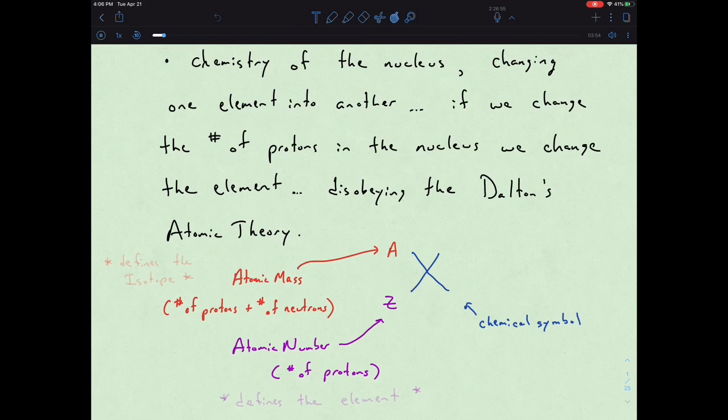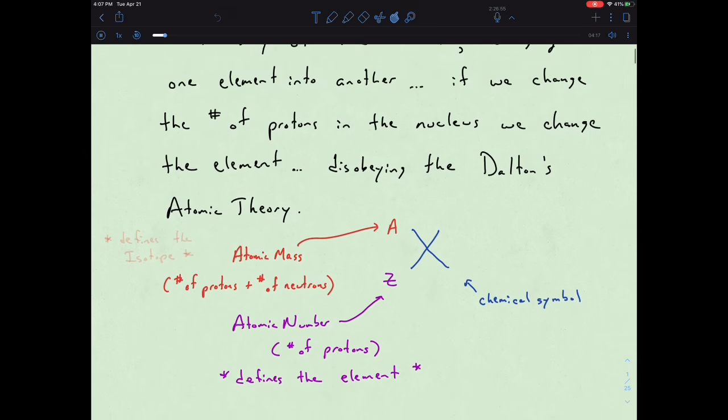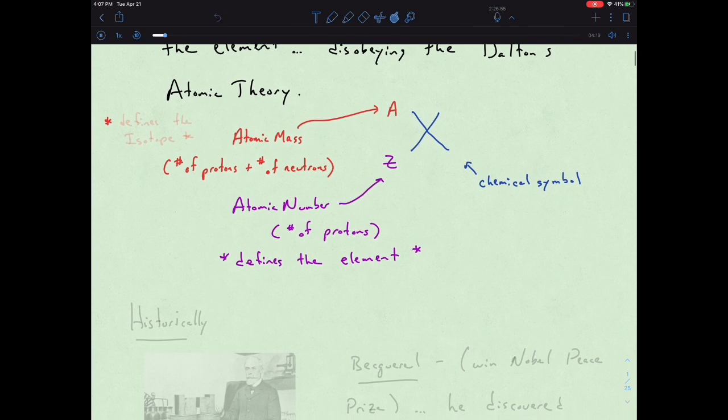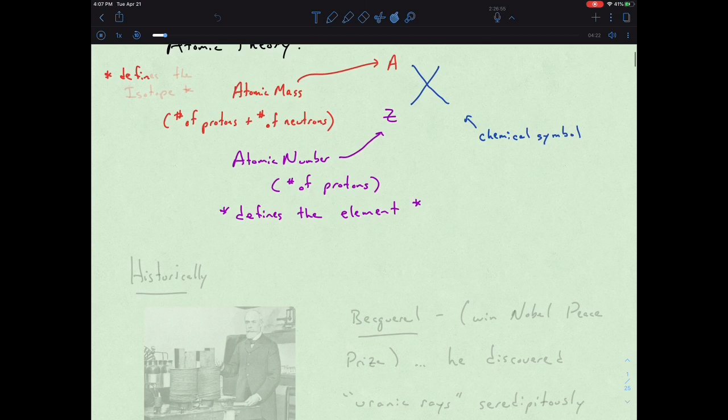Remember, the atomic number is the piece that really defines the element, while we could say atomic mass is something that more defines the isotope of the actual element.